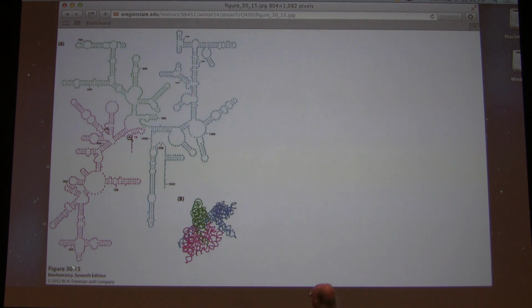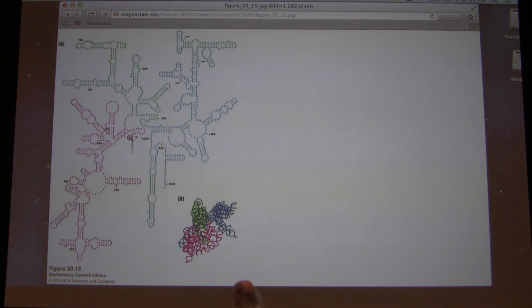And in 2 dimensions, this is what it looks like. And down here at the lower right, that's what it looks like in 3 dimensions. Again, that 3-dimensional representation is anatomically correct, but not quite as easy to interpret as this representation up here. And again, all the base pairings that you see up here are also present down here. They're just more scrunched up.